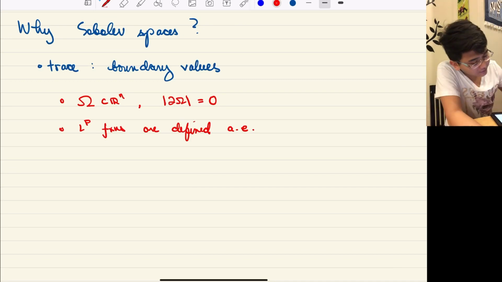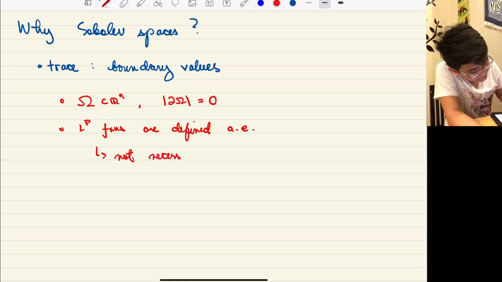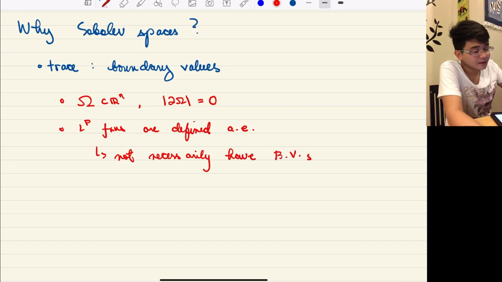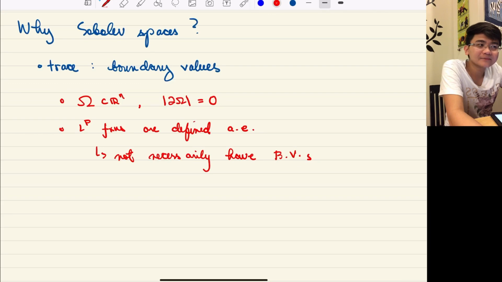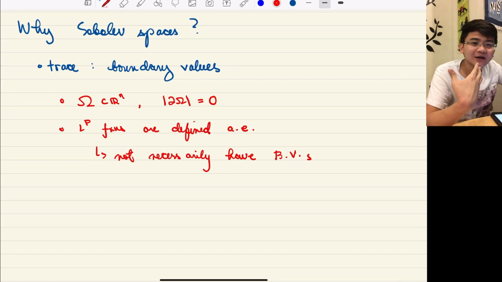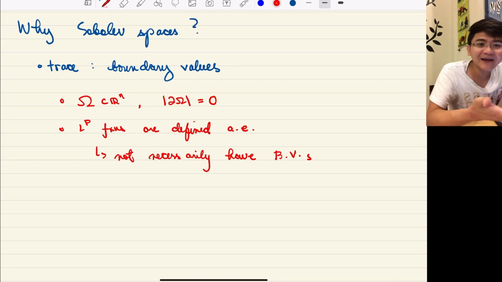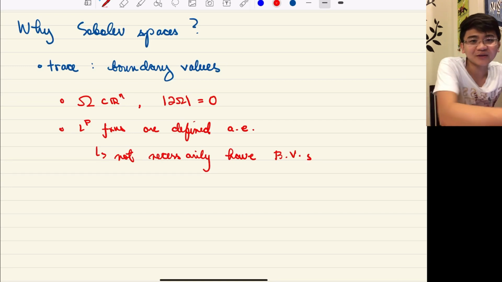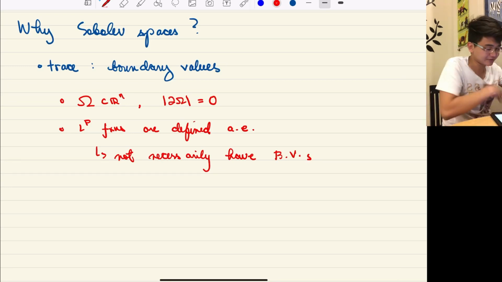So it doesn't make sense for every LP function to have boundary values. They do not necessarily have boundary values. But when we look at Sobolev functions, we can have this notion of trace, for which, if we apply the same notion to, let's say, smooth functions, they reduce to the boundary values.